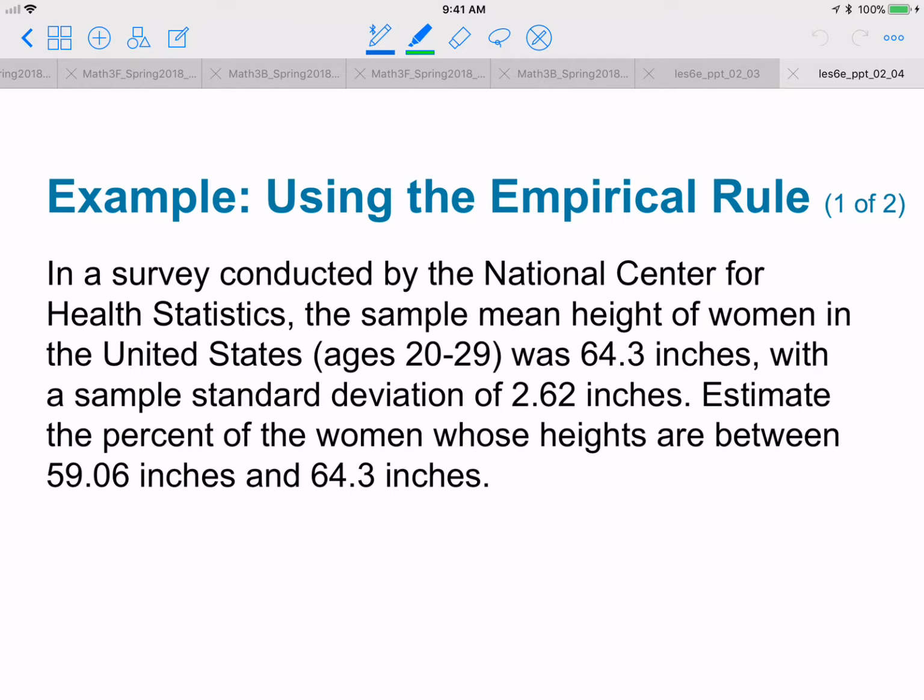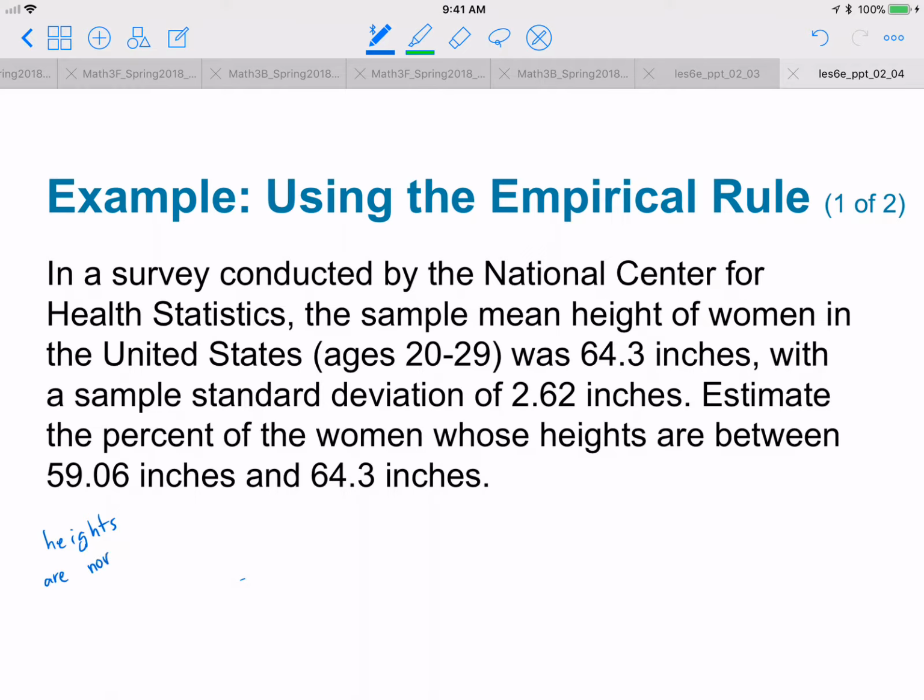So the first thing to know is that heights are normally distributed. That's something that you have to bring to the table here.